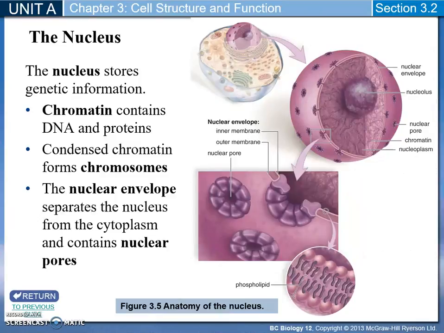But most of the time the DNA is in the form of chromatin, except for when the cells divide, and then the chromatin condenses into chromosomes. The nuclear envelope separates the nucleus from the cytoplasm and contains the nuclear pores, which allow materials to move from the nucleus into the cytoplasm and vice versa.